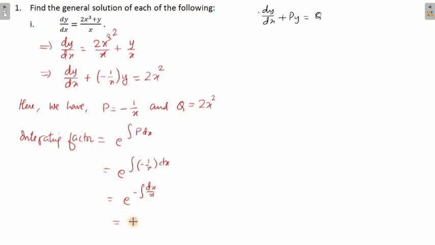So this is e to the power minus log x. If you bring this minus inside, you get log x to the power minus 1, and e to the power log x to the power minus 1 is 1 by x.